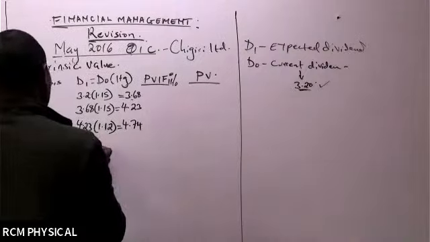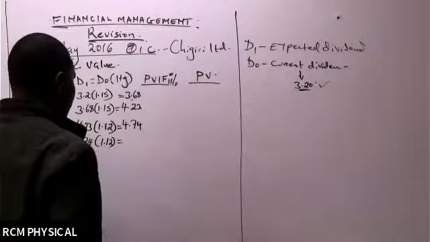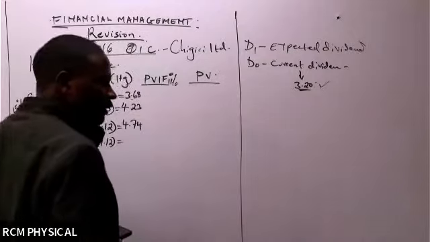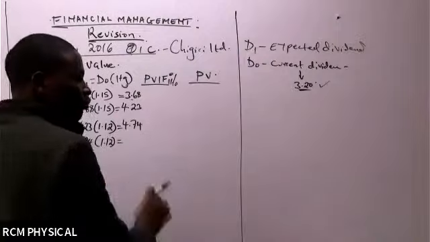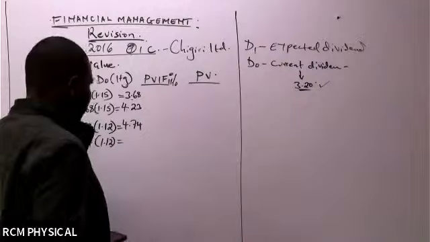Then year 4, we have 4.74, and it will grow at the same rate of 12%. So what will the value be for year 4?